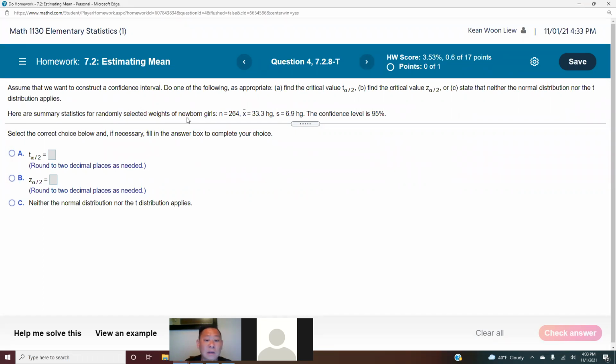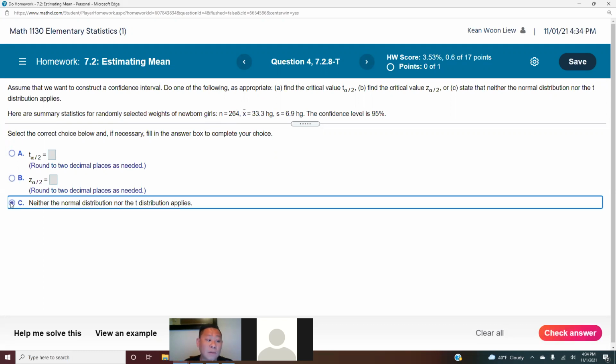It's a randomly selected group of girls with N is 264, X bar is 33.3, S is 6.9, and the confidence level is 95%. The sample size is big here. See that? So it's not neither, because the sample size is big.